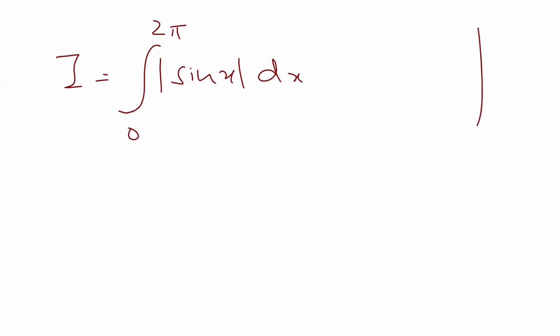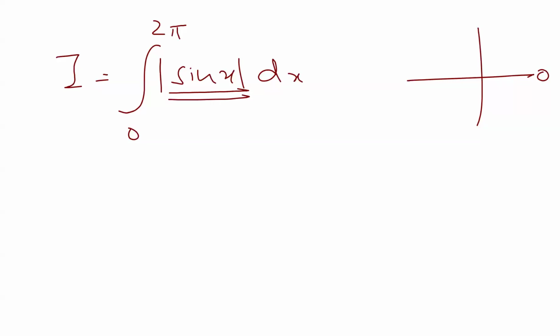Second modulus problem. There are a variety of these questions which I will cover up right now. Modulus of sine x dx. Now this time the modulus is given for sine x, and the interval is from 0 to 2 pi. So 0 to 2 pi means all four quadrants. 2 pi comes back to 0, right? 360 degrees. So all four quadrants we have to discuss.